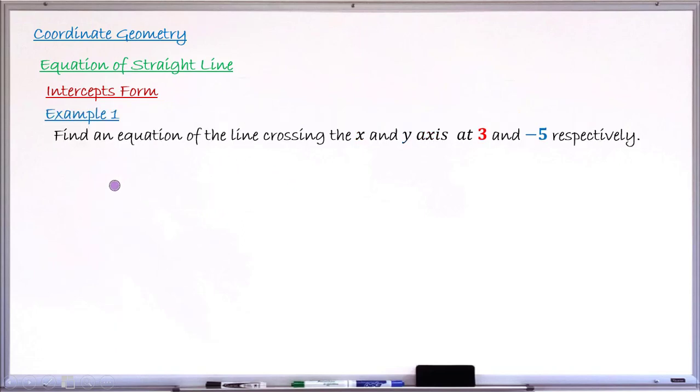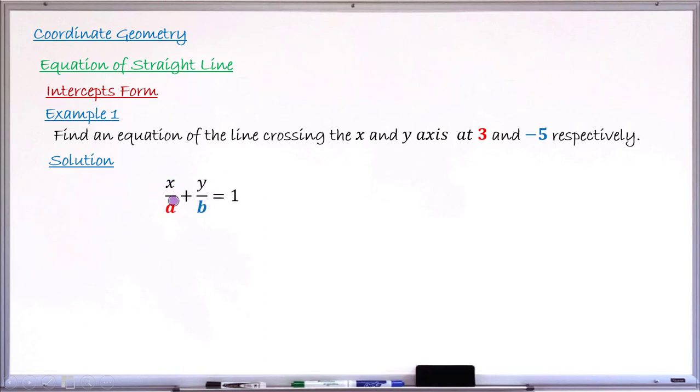Example number 1 says: find the equation of the line crossing the x and y axes at 3 and minus 5 respectively. So 3 is the point where the line crosses the x-axis and minus 5 is the point where the line crosses the y-axis. Solution: we write down the formula.